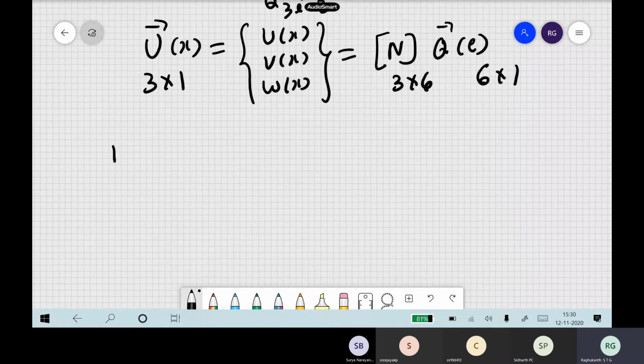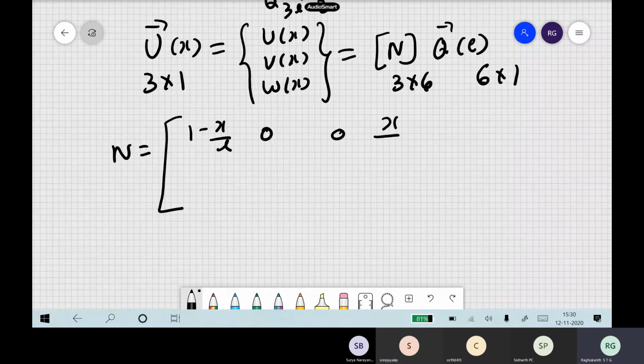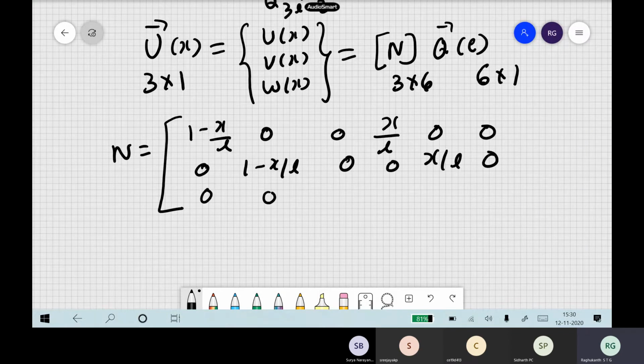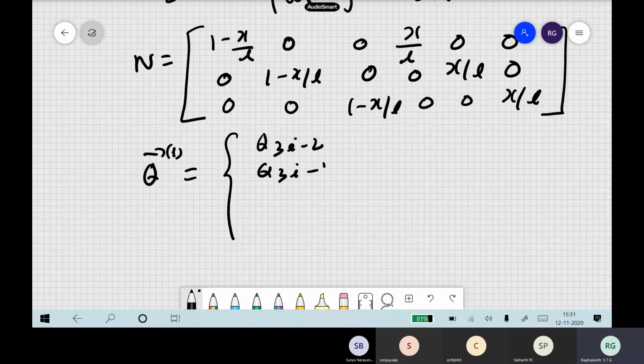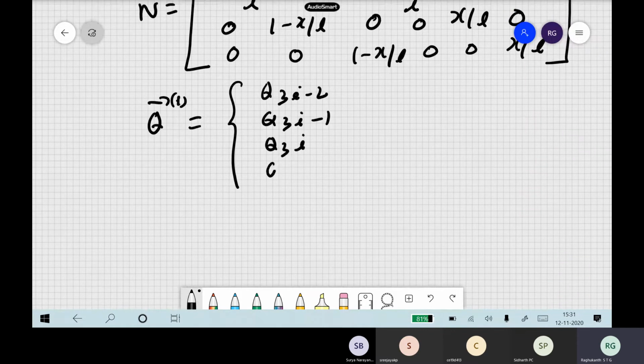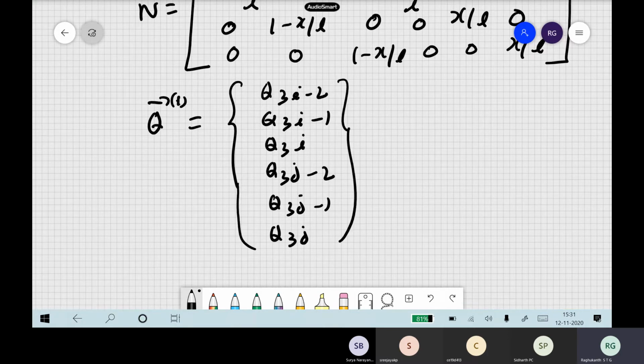The shape functions are: 1 minus x by L, 0, 0, x by L, 0, 0, then 0, 1 minus x by L, 0, 0, x by L, 0, then 0, 0, 1 minus x by L, 0, 0, x by L. And q is q of 3i minus 2, q of 3i minus 1, q of 3i, then q of 3j minus 2, q of 3j minus 1, and q of 3j. These are the nodal displacements.